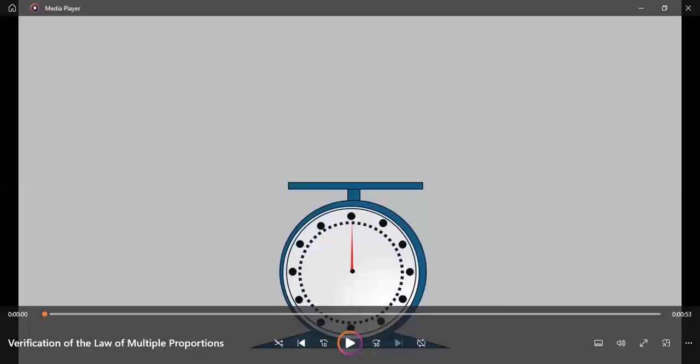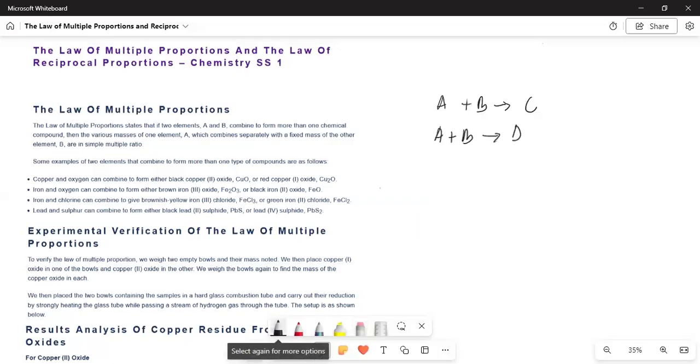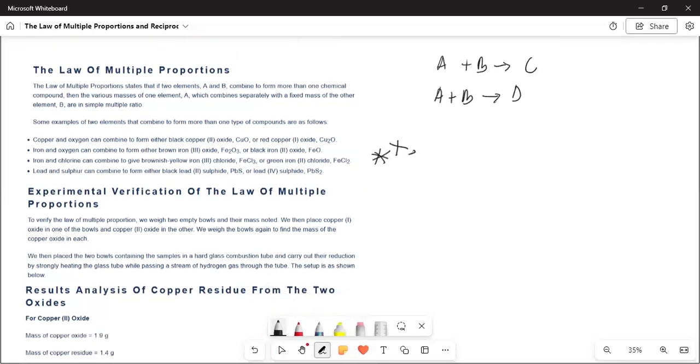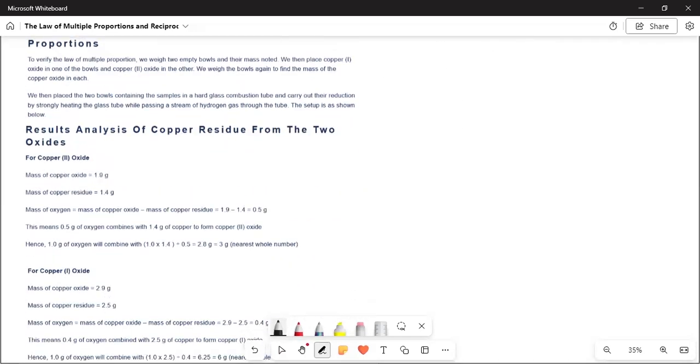Okay, so now that we have the values of copper in both oxides, we can calculate to see whether the masses are actually in a simple multiple ratio. For the first sample, which is copper 2 oxide, the mass of the copper oxide before reduction is 1.9 gram. Then after reduction, the mass of copper residue was found to be 1.4 gram.